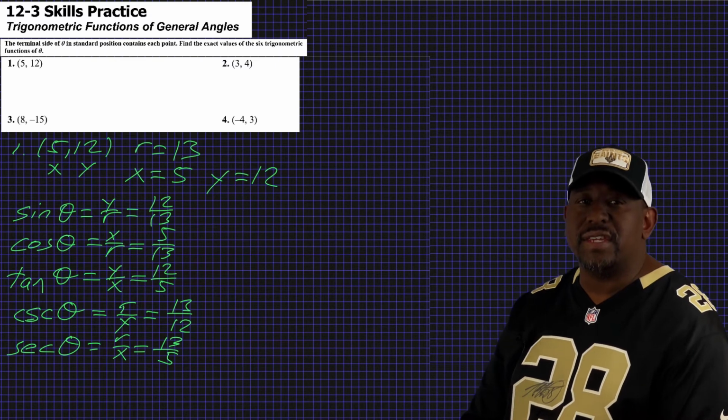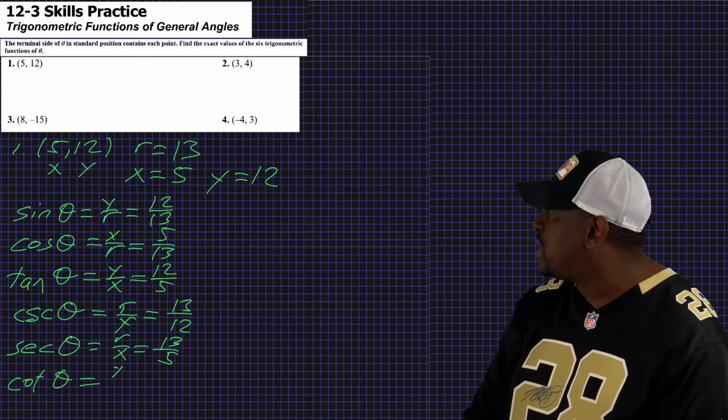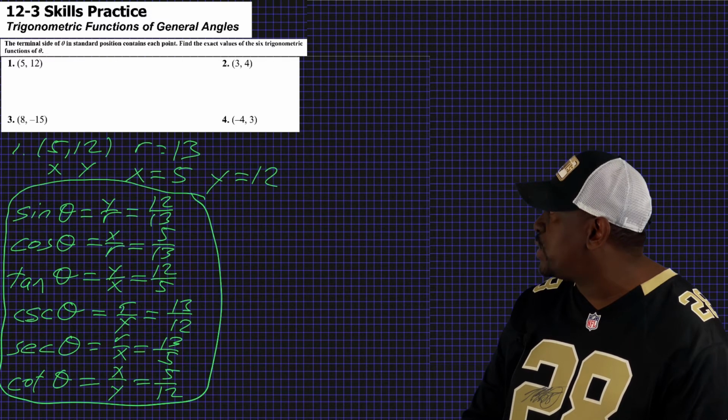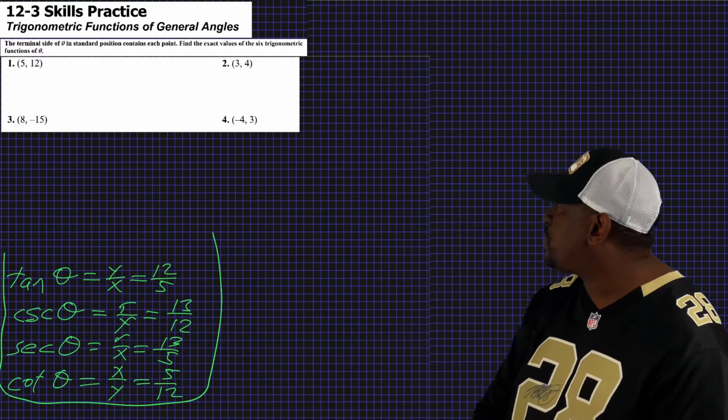And then the trigonometric function of cotangent theta, the inverse of the tangent, we flip it over, we get 5 over 12. And so now we have gotten our 6 trigonometric functions using our points, and we circle the values, and we're done with our first problem.